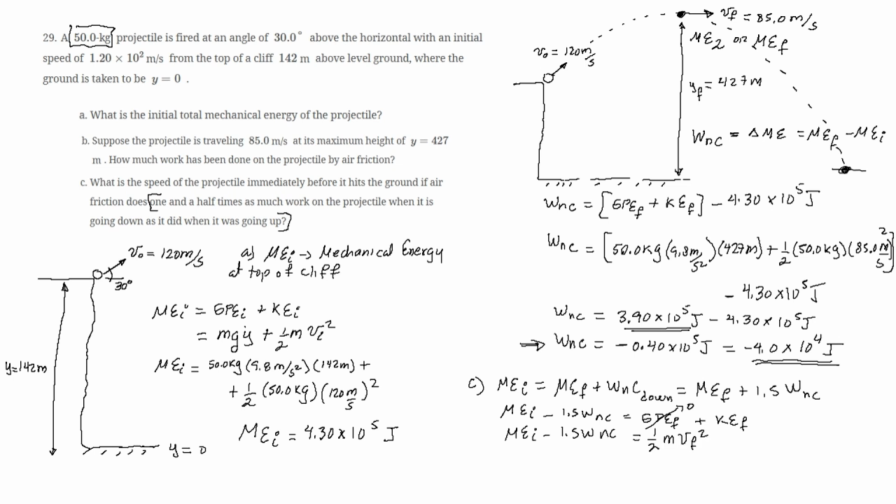So I can solve for the final velocity: the square root of 2 times the mechanical energy initial minus 1.5 the work of the non-conservative force when it's going up, over the mass.